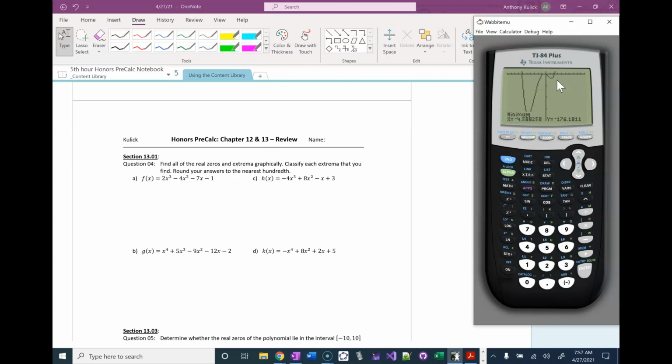This is division stuff. Synthetic divisions. Rational zeros.